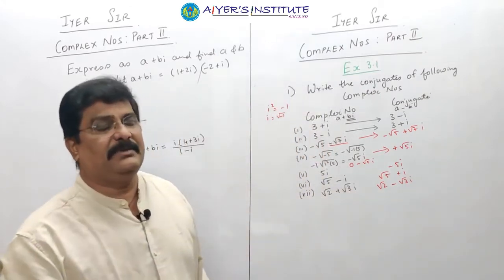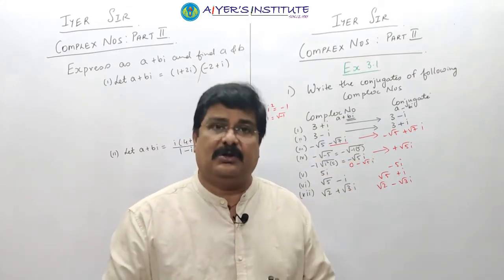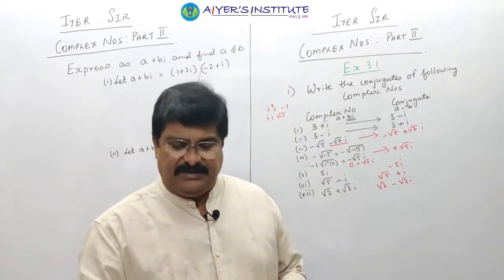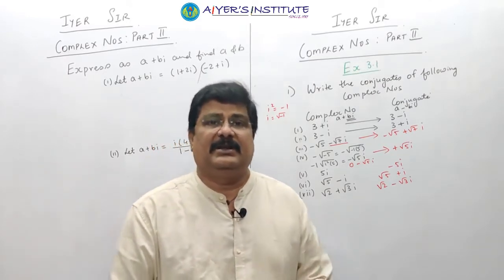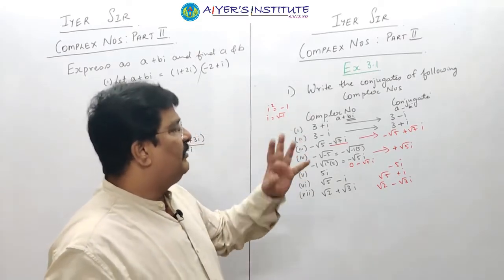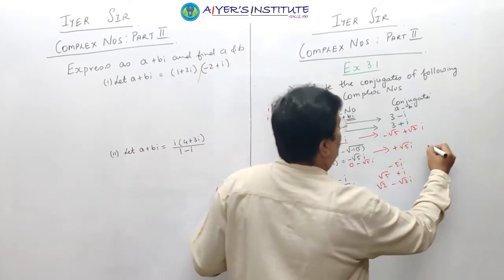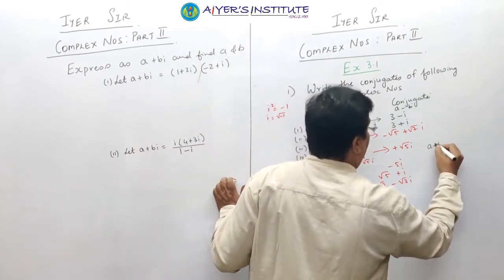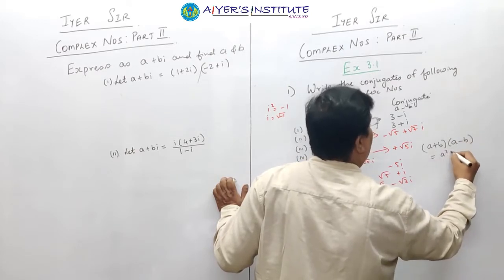I also told you the concept of why we use the complex conjugate. It is basically used to rationalize the denominator. Whenever an irrational is given in the denominator, we multiply by the conjugate. When we multiply both, it is of the form a plus b into a minus b, and we all know a plus b into a minus b is a square minus b square.